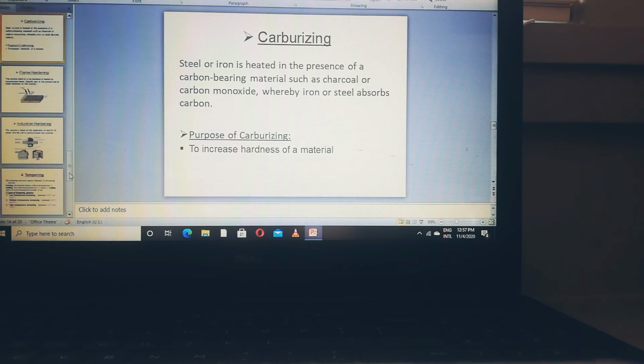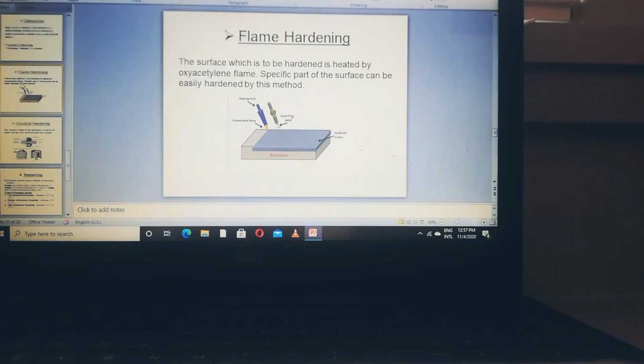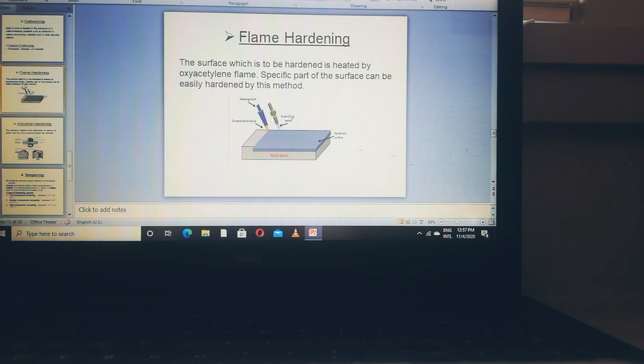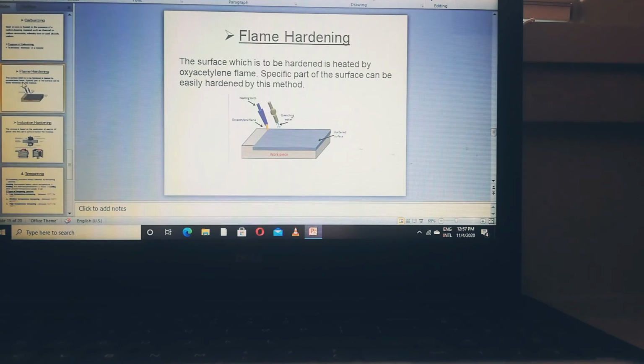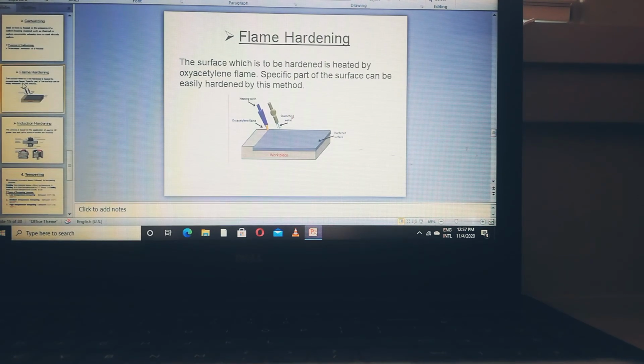We're now going to look at another kind of hardening, which is flame hardening. In flame hardening, the surface which is to be hardened is heated by the oxyacetylene flame. Specific parts of the surface can be easily hardened by this method.